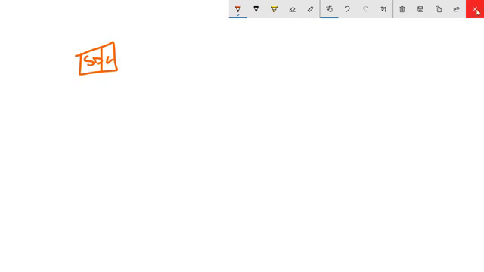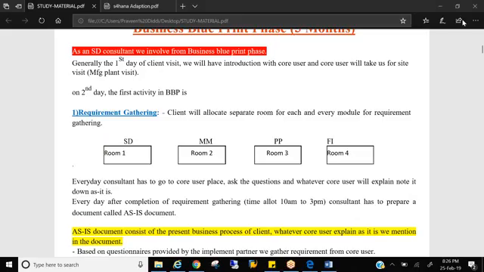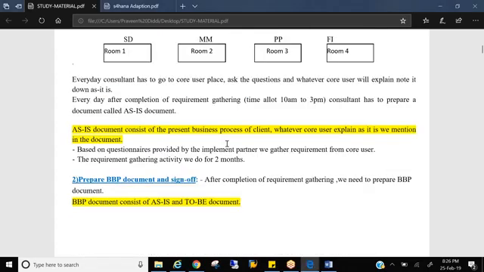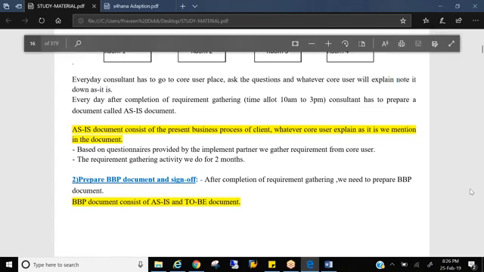So how do you gather the requirements? Once your core user is telling you something, you need to note it down as it is. It's not what you understand.